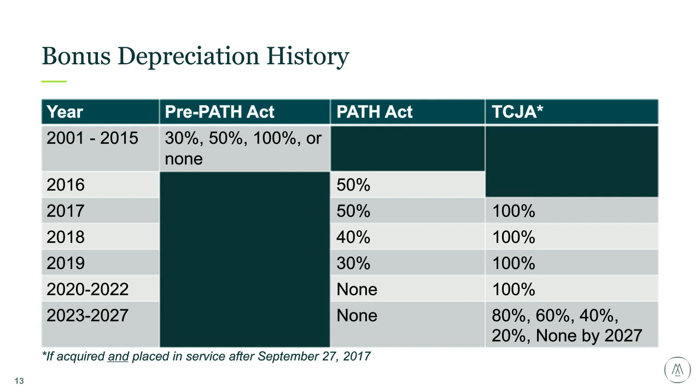So in that previous example of the $10 million office building acquisition in 2019, we were able to take bonus depreciation on those assets, even though they had been in service by another taxpayer previously. With the Tax Cuts and Jobs Act, the bonus depreciation percentage phases down by 20% per year, starting in 2023, and is completely phased out by 2027. So bottom line, bonus depreciation is a very powerful tool and it can really enhance the benefits of a cost segregation study.